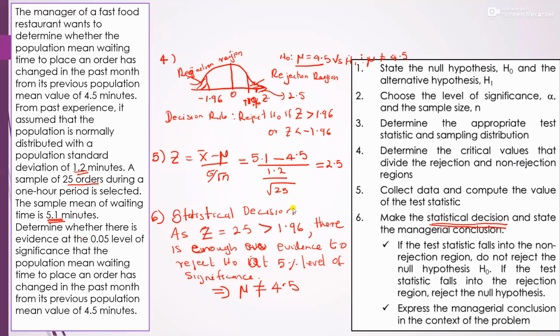So now this will be the point estimate. Thus this sample indicates that the mean waiting time has increased.